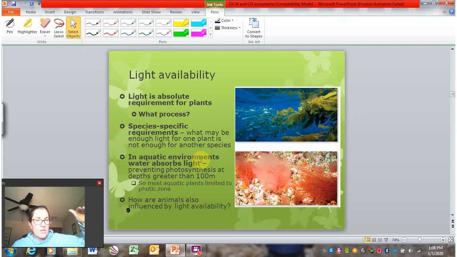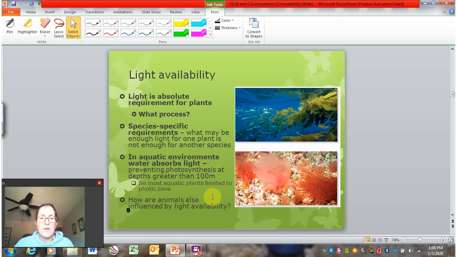And then there's totally no light left once you get to 100 meters. And so beyond that depth, there's no photosynthesis possible. That's what's called the photic zone, this 100-meter depth in which light can still reach. And so you really see very few aquatic plants beyond that that are always there.